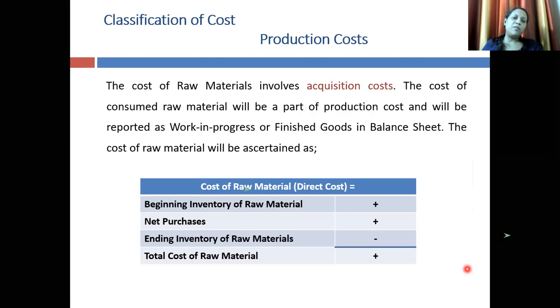So ending inventory of raw material is the raw material actually purchased but production is not done. So that is actually the expense category. So that should be subtracted from the net purchase and beginning inventory of raw material.